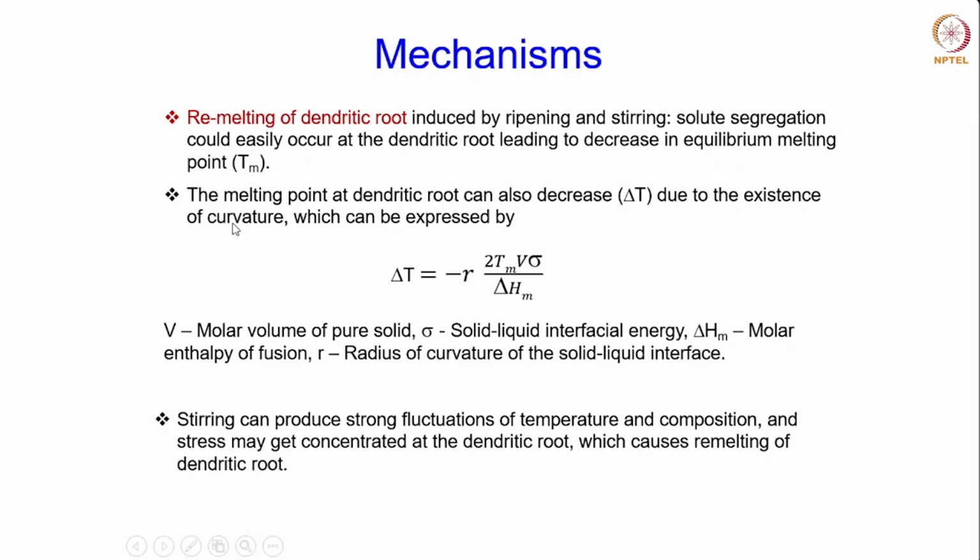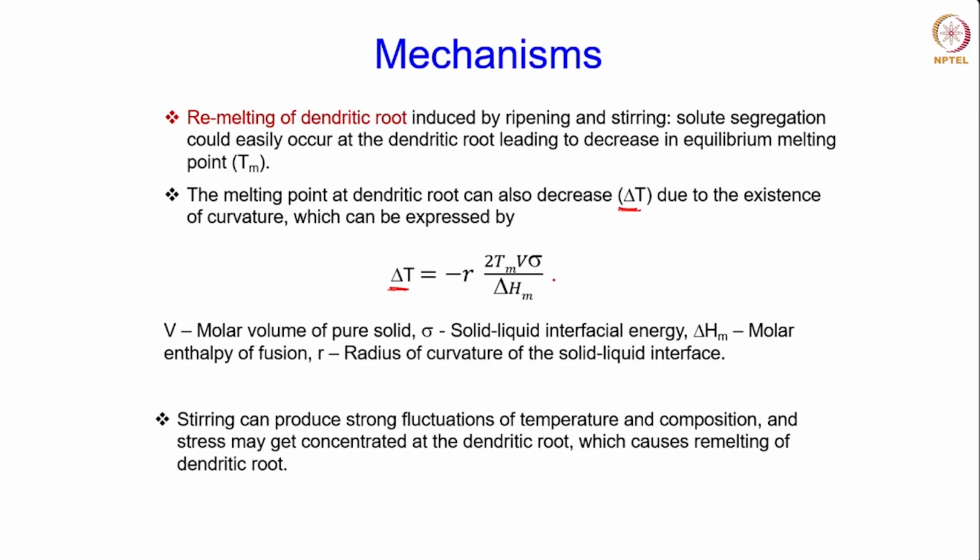Okay, and due to this decrease in the melting point, it can actually lead to a curvature which can be expressed by this particular expression over here, where delta T is that difference or the decrease in the melting point due to the solute segregation.